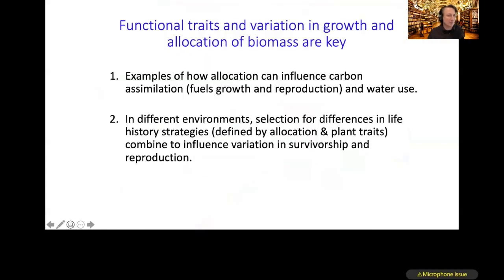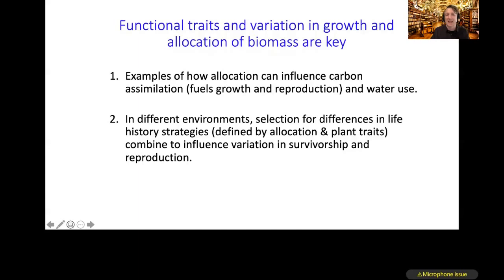Functional traits, these differences in physiology, form, and function, ultimately influence differences in survivorship and reproduction, right? So allocation is key. How are we going to allocate our photosynthate in order to either reproduce or grow?